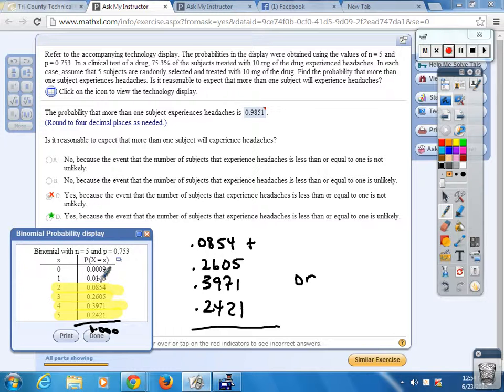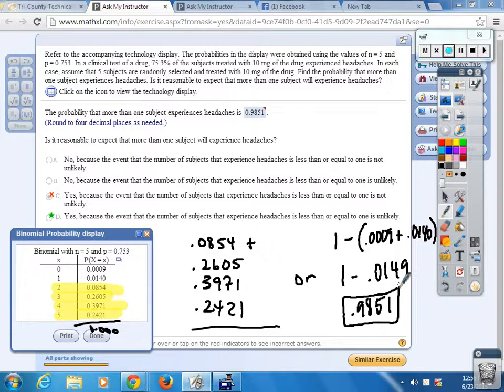So that'd be 0.0149, which would be 0.9851. 1 minus 0.0009 plus 0.0140, and I think I came out with 1 minus 0.0149, which I think I did in my head, and I came out 0.9851.